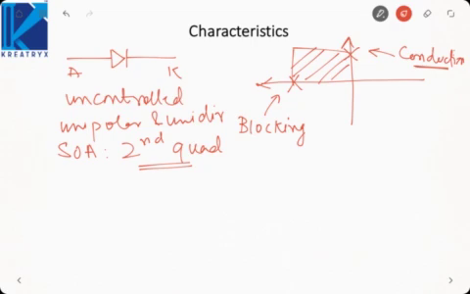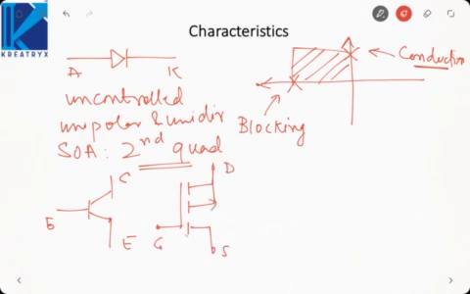Now if we talk about the transistor, whether it will be BJT which has a base, collector, emitter, or it is FET, drain, source, gate, or it is IGBT, gate, collector, emitter.